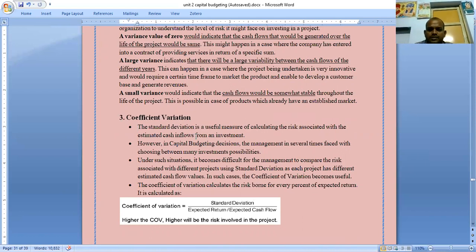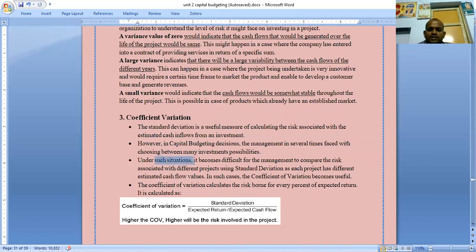The thing we just read. However, in capital budgeting decisions, management is several times faced with choosing between many investment possibilities. Obviously many times they have to face this kind of investment proposals.